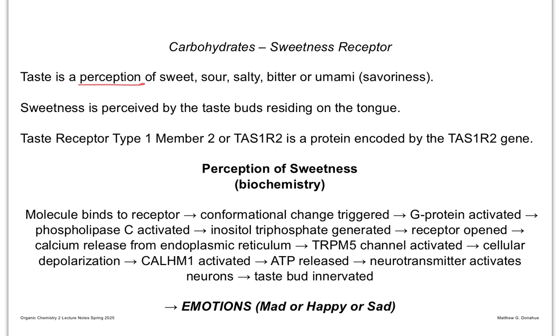If you go on to biochem, you'll learn about these biochemical cycles or metabolic processes. So what are the enzymes involved in the perception of sweetness? The taste receptor type 1 member 2, TAS1R2, is a protein encoded by the TAS1R2 gene.